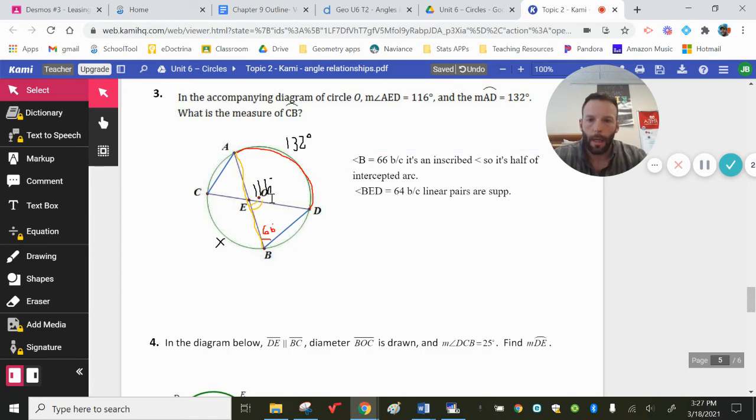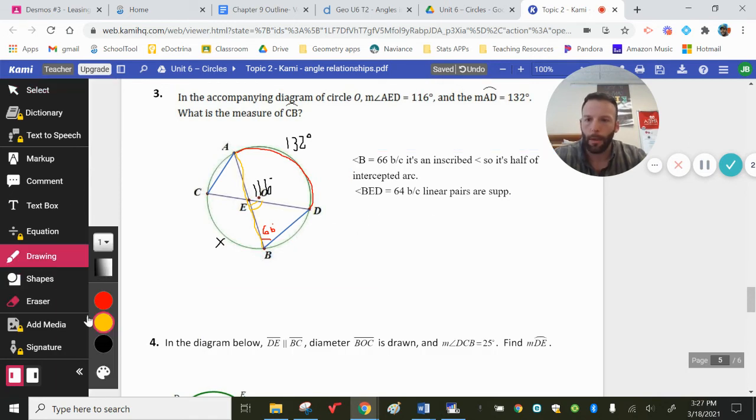Okay, so I determined that that angle has to be a 64 degree angle because together 116 plus 64 makes 180. Now again, I'm trying to get over here to get to this arc. And so this arc that I'm looking at on this side is an intercepted arc by the angle D that's over here.